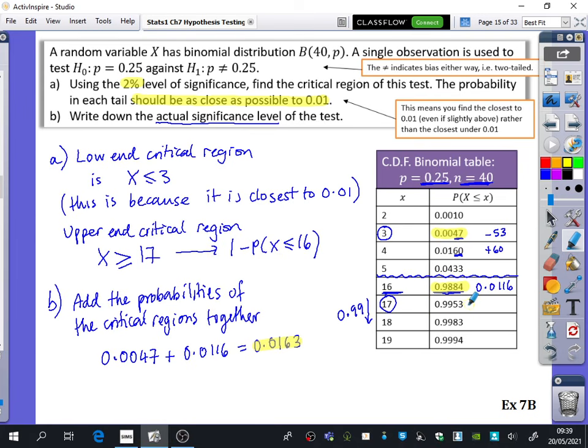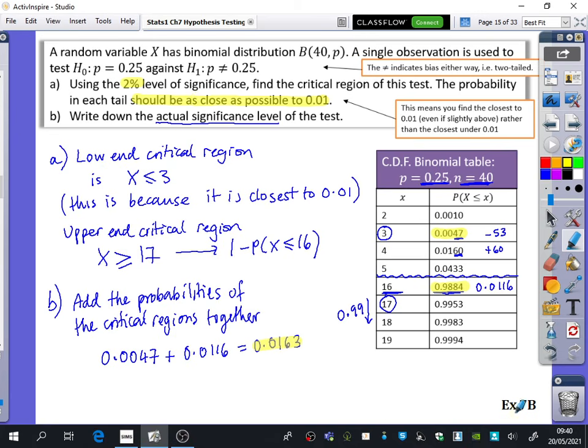But in this question, it said find the one that's closest to 0.01. By finding the one that's closest to 0.01, we still overall had something that was less than 2%. It will always detail in the question whether you should do the one that goes below 0.01 or 0.25 or 0.025, whatever it says, or whether it should be as close as possible to it.